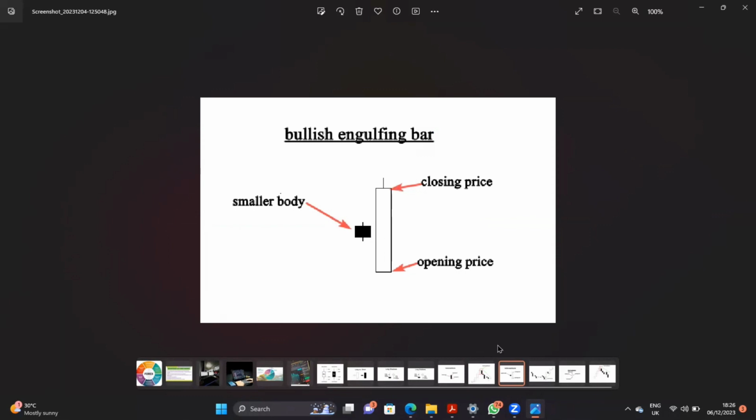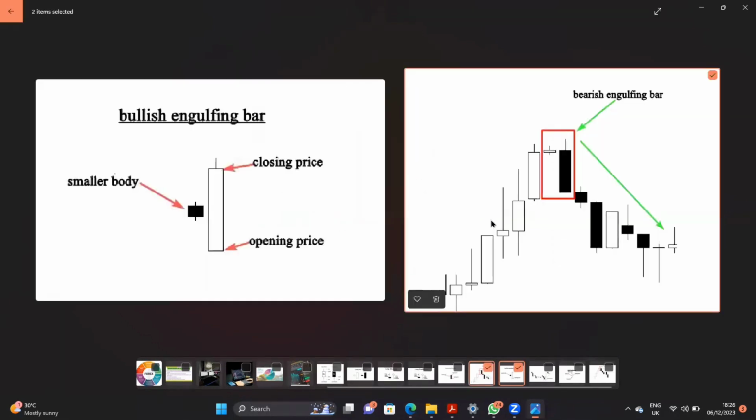This candle is engulfing the smaller candle, and this other candle here is fully engulfing this other candle. So engulfing candles are candles that fully engulf the other.